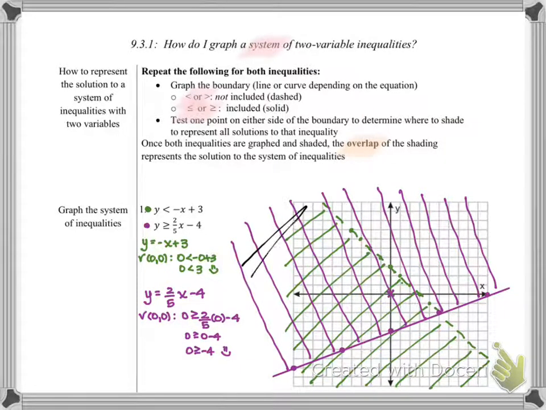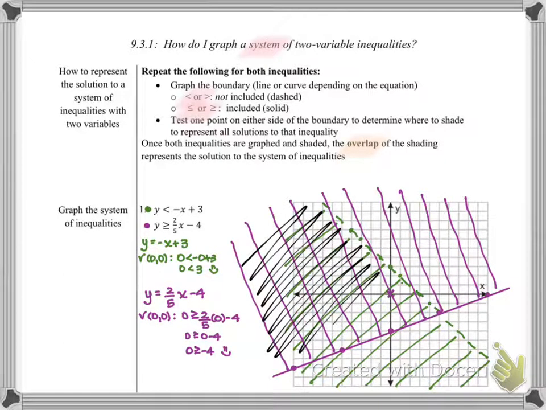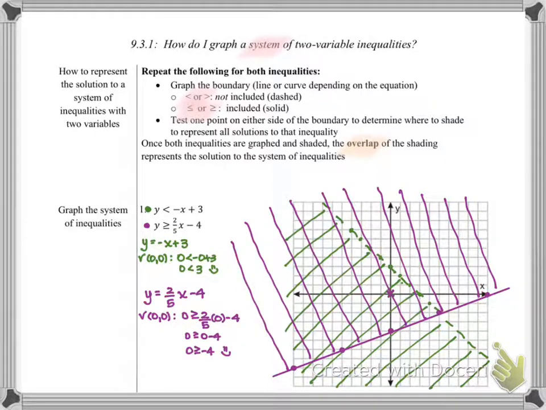So we can darken in this area between the purple and the green. That's one thing you could do. Or what some people like to do is grab their eraser and erase the parts where it's not overlapping. You go through and get rid of all of the non-overlapping area. That's ultimately up to you.